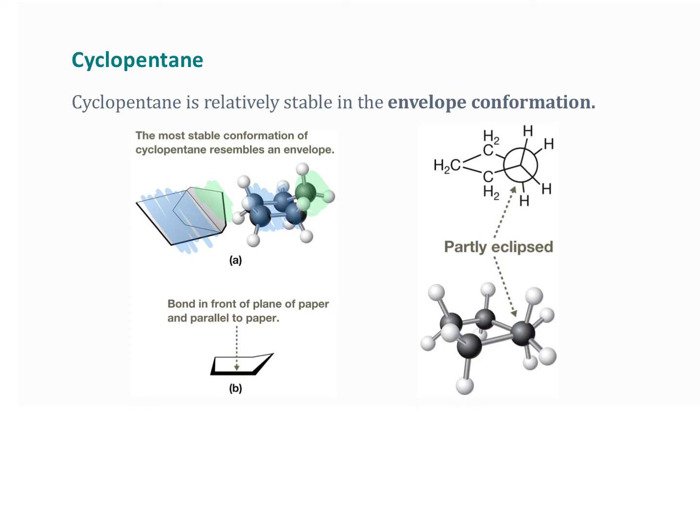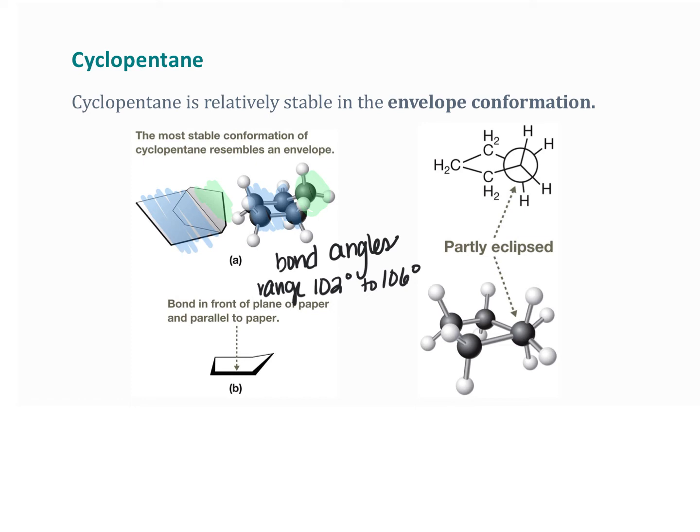And what we see here is the bond angles range from 102 degrees to 106 degrees in this conformation. And so there's some angle strain, but it's really minimized by adopting that non-planar conformation, by that one flap popping up. And so there's a very small amount of ring strain.